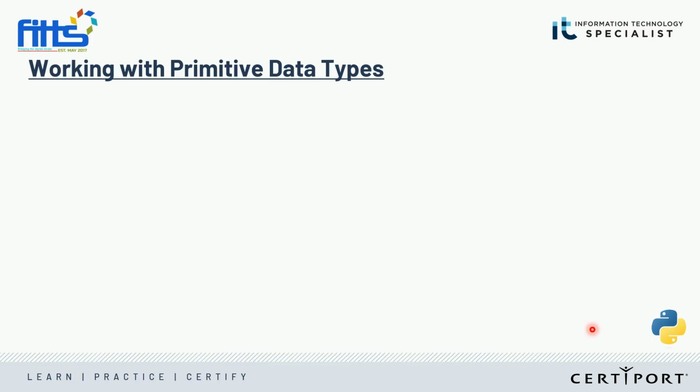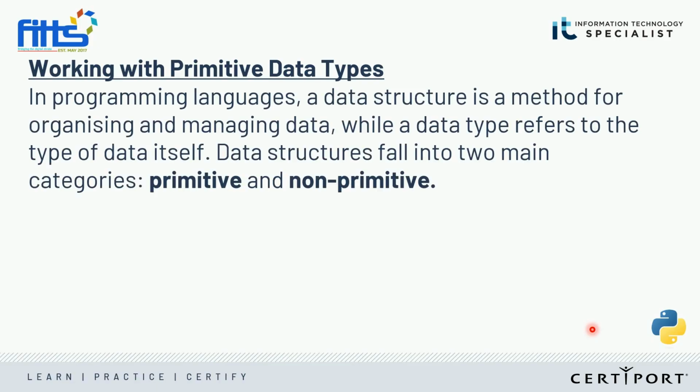So we're going to work with primitive data types. In programming languages, a data structure is a method for organizing and managing data, while a data type refers to the type of data itself. Data structures fall into two main categories: primitive and non-primitive. So I want you to bear this in mind.